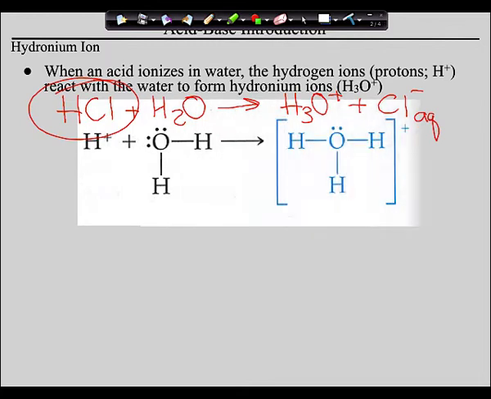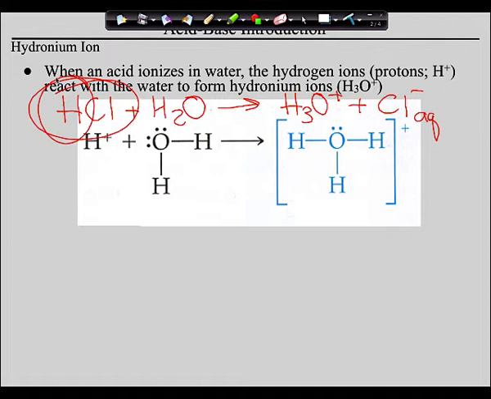So guys, every time we put a molecule of HCl into water, it gives away an H. But that H does not exist on its own. Where does this hydrogen ion go? To water to form hydronium ion.